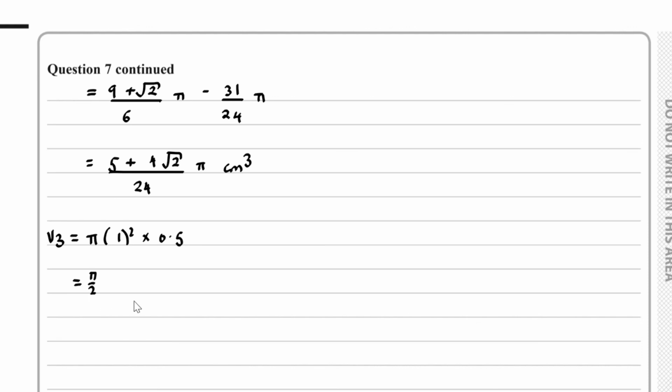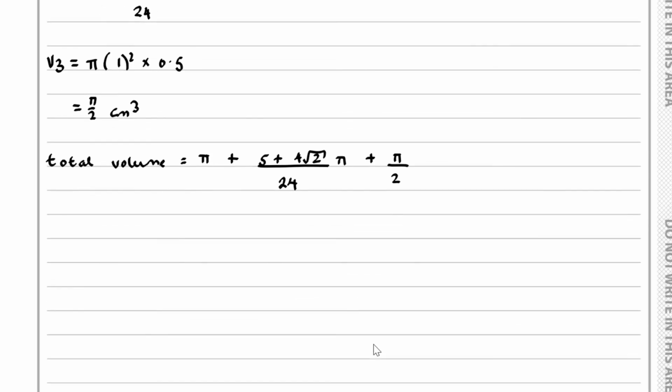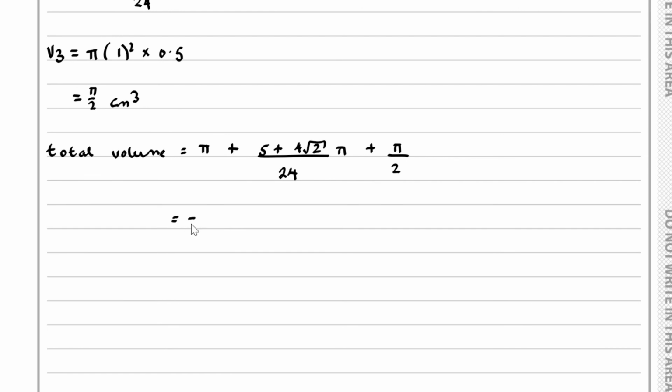So therefore, for the total volume, we've got pi, which is what V1 is, plus 5 plus 4 root 2 over 24 pi plus pi over 2. So here we can take out the pi as a common factor.